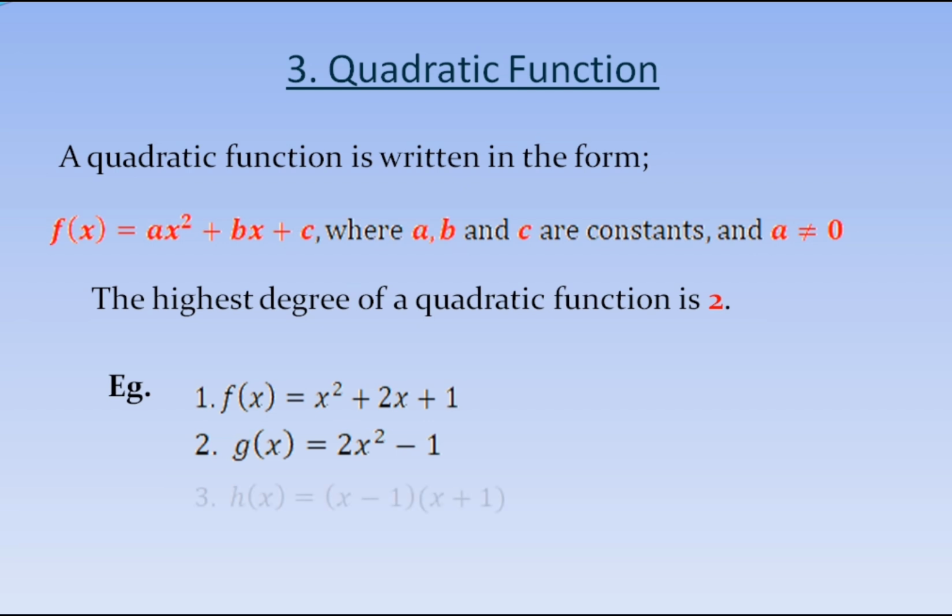We can also have an example like h(x) = (x minus 1) multiplied by (x plus 1), and p(x) = (x minus 3) all squared. So these are also examples of quadratic functions.